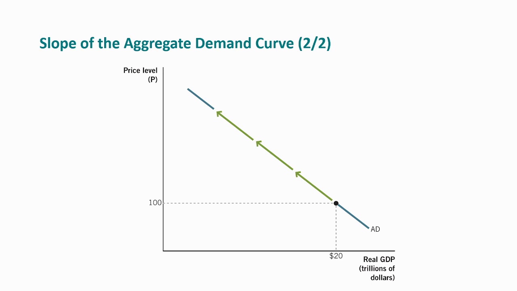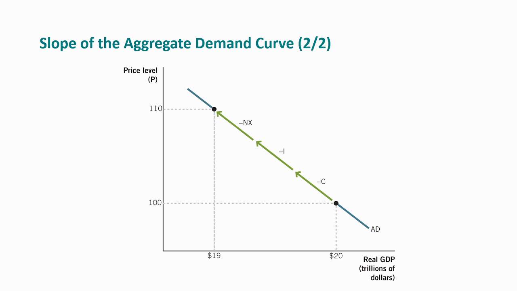When the price level rises from 100 to 110, the quantity of aggregate demand falls from 16 trillion to 15 trillion. So what will happen next?